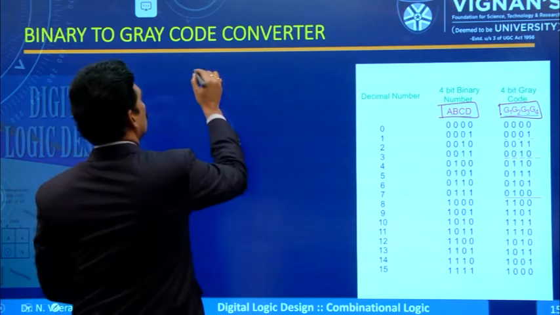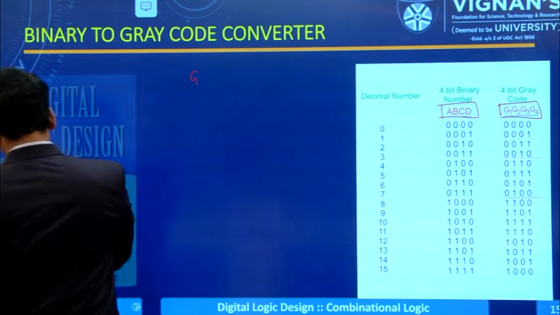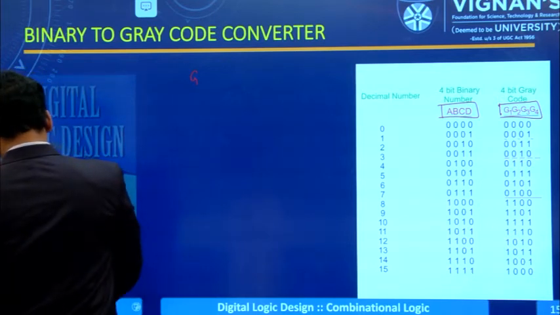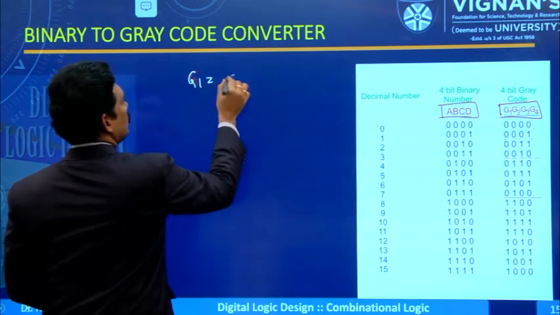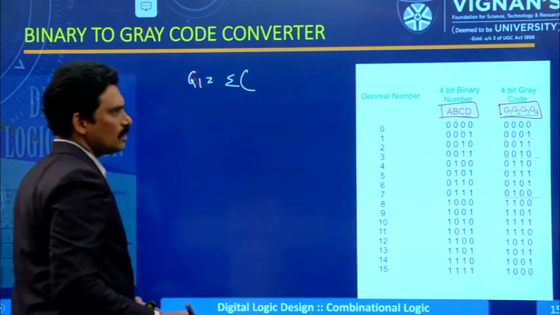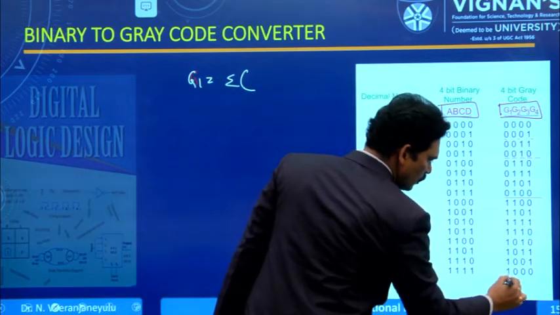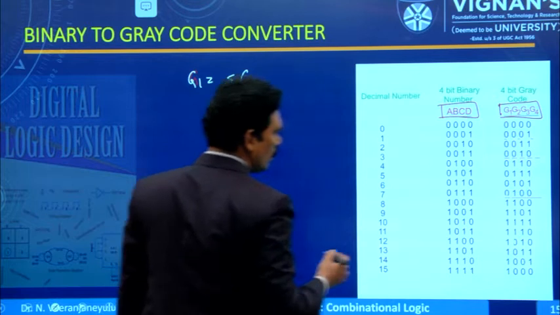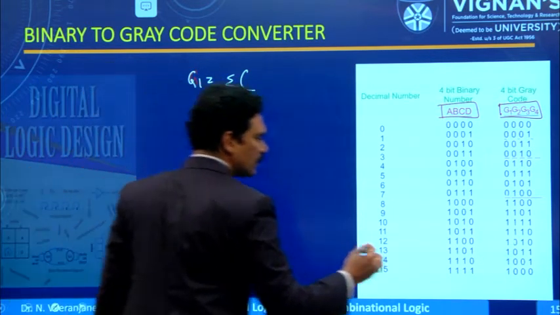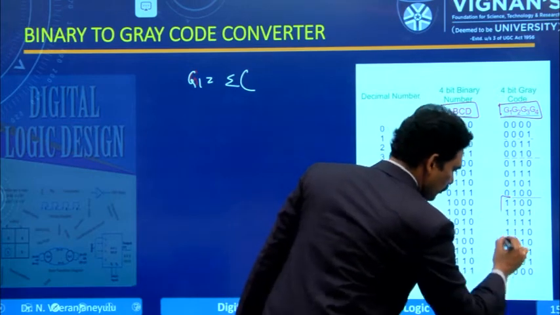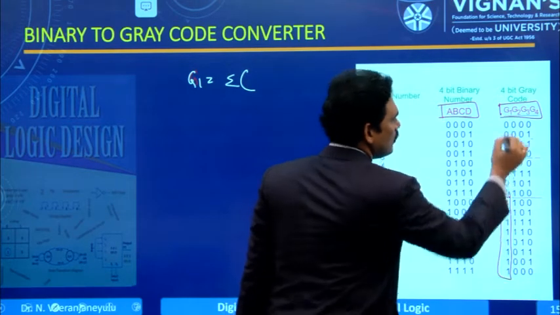What is the expression for G1? G1 is equal to 1 where this is. Okay, this is the combination. How to derive the equation for that? Here these are the combinations. In all these places G1 is 1.